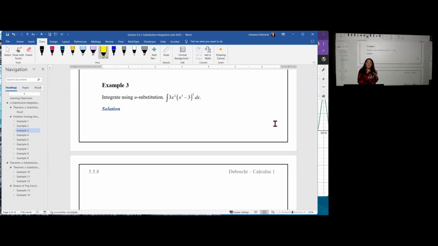And I look for the derivative of the inside, or at least a multiple of it, inside the integrand as a factor, something multiplied by the rest of it. The derivative of x cubed minus 3 is 3x squared, and I have exactly that inside the integrand. This makes this a u-substitution, with the inside function being x cubed minus 3 and the outside function being the 2nd power. Let's go ahead and set this problem up now so we can work it.